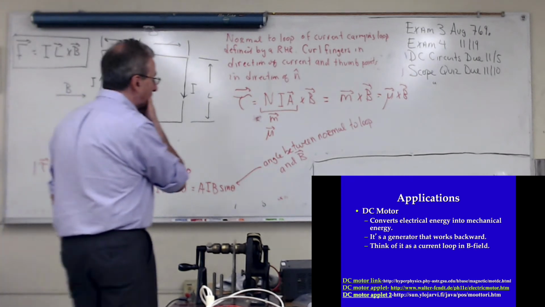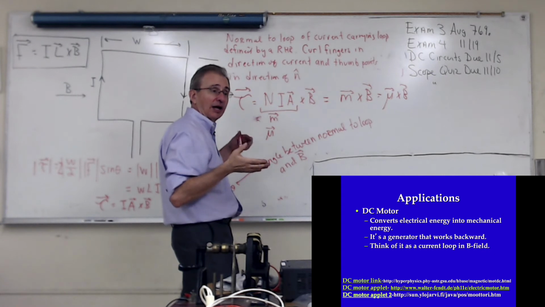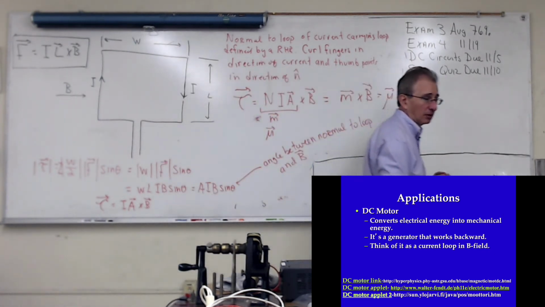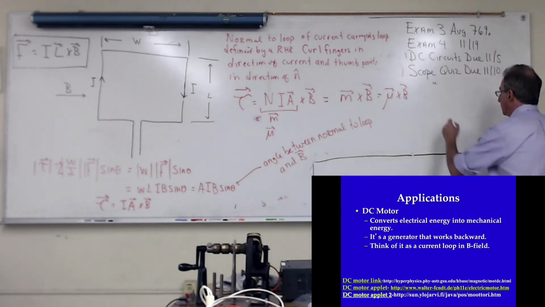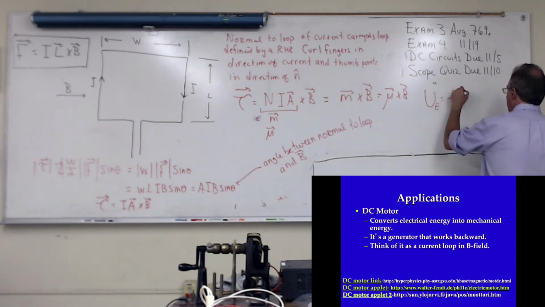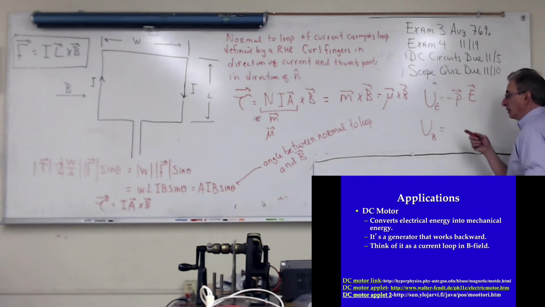So we could integrate this and derive an equation for the energy stored by a dipole. If you remember, the energy stored by an electric dipole is minus P dot E. We could integrate the expression, and I did this in class for the electric field. I can do it for the magnetic field.